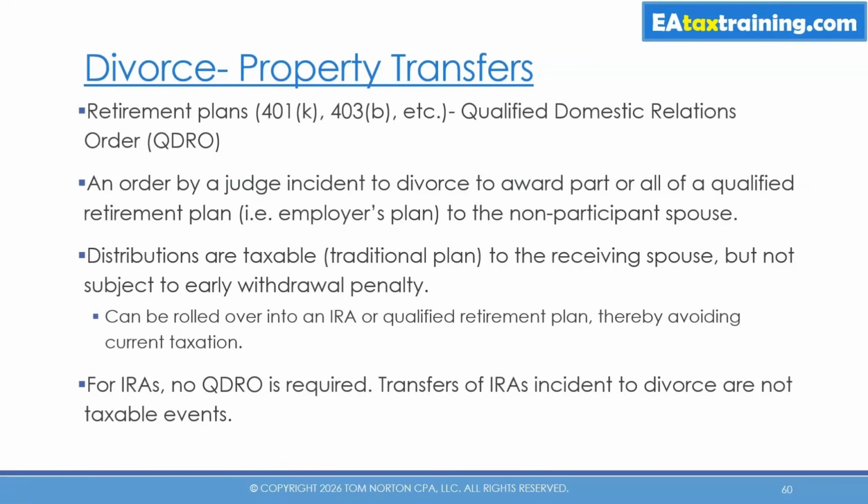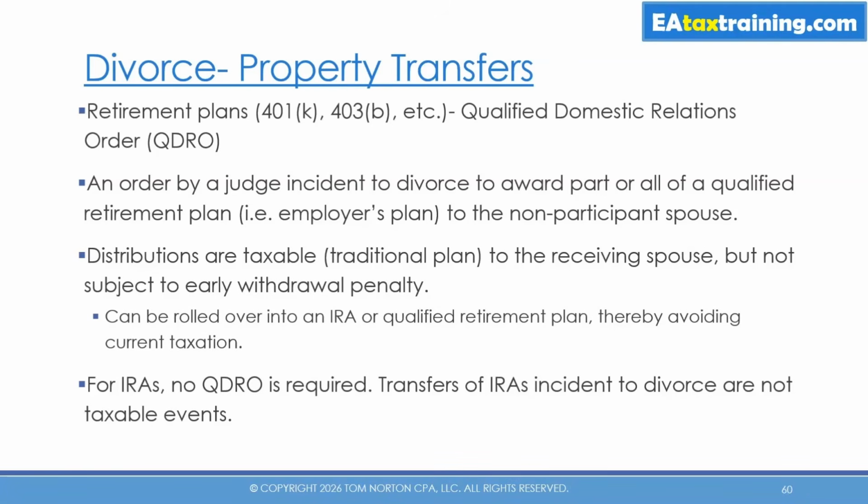When that happens, the judge will issue something called a Qualified Domestic Relations Order, or QDRO. That orders the plan administrator to award part or all of that plan to the non-participant spouse.